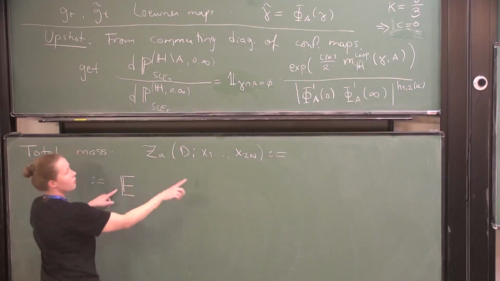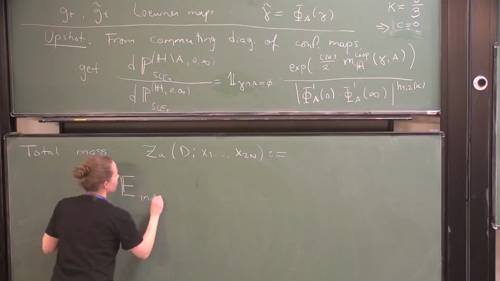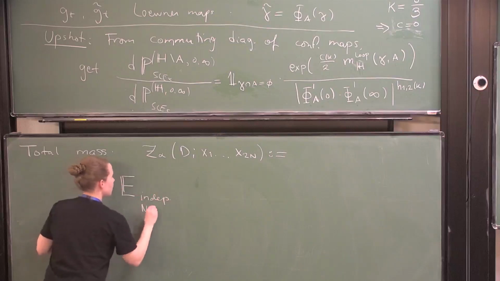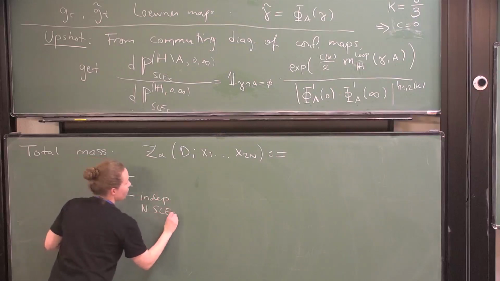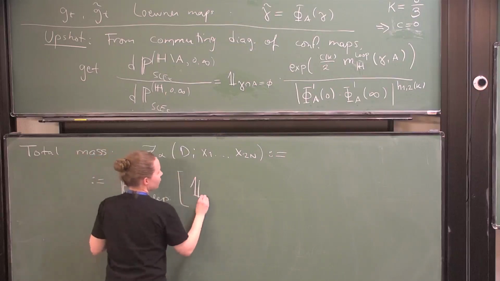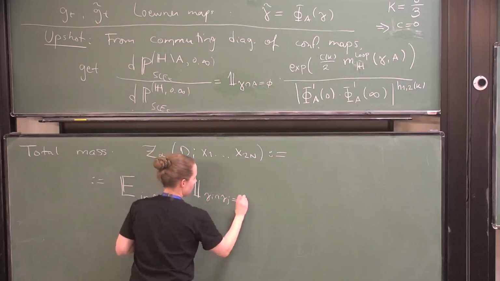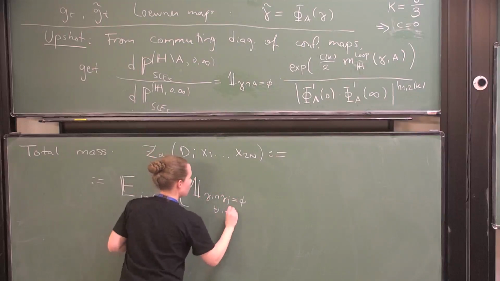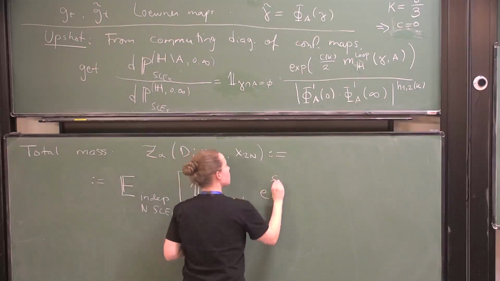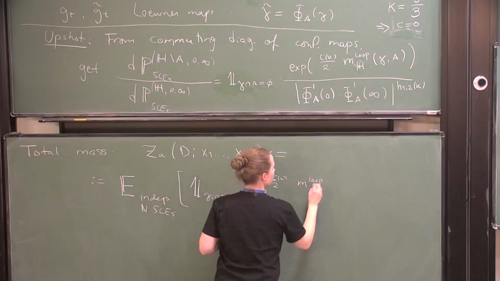So this is just the expected value for the downstairs measure, like independent SLEs, whatever, of your indicator function. So whatever is in the right hand side. And then e to the c over 2 of this loop measure part.